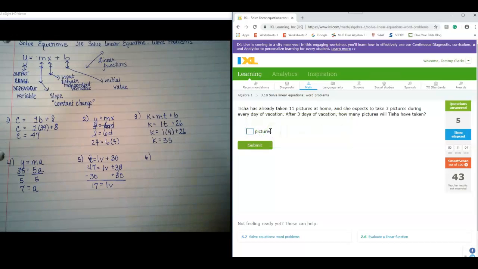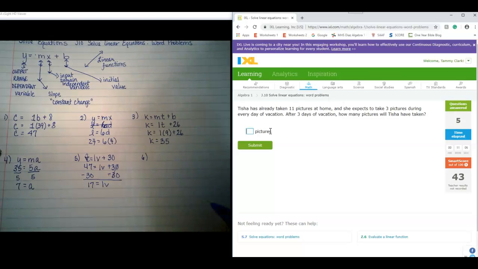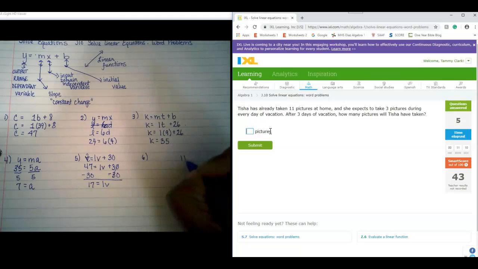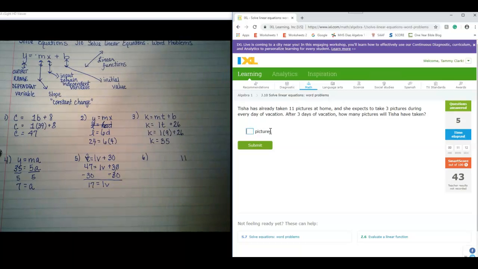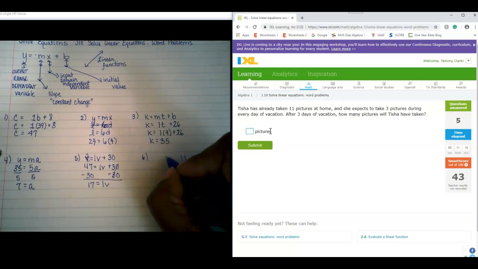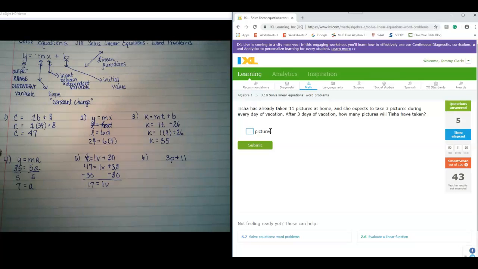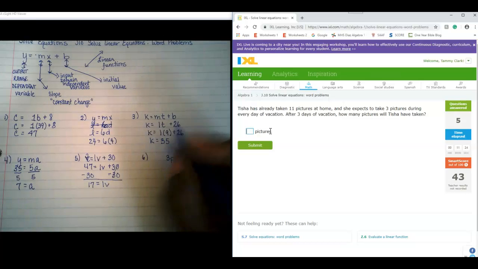Number 6. Tisha has already taken 11 pictures at home, and she expects to take 3 pictures during each day of her vacation. After 3 days of vacation, how many pictures will she have taken?